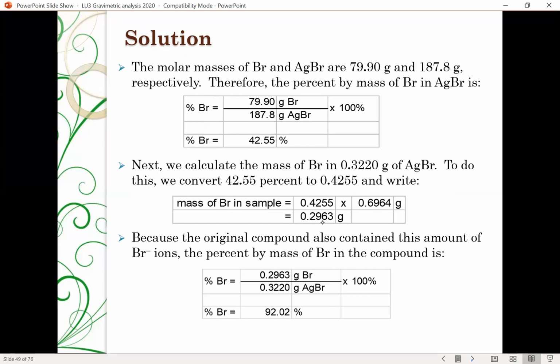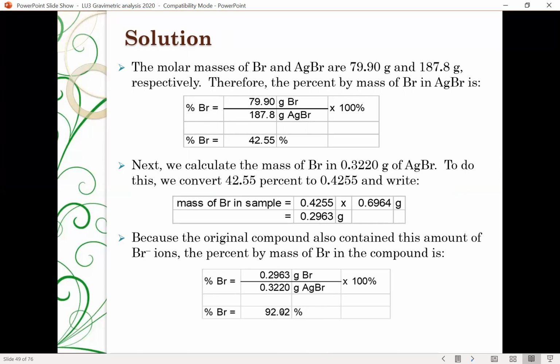You take this mass divided by the mass of your sample times 100%, and this is the percentage of Br in your sample. Again, note that you may have the same mass of Br in your precipitate and in your sample, but you are going to have different percentages of Br in the precipitate and in the sample.